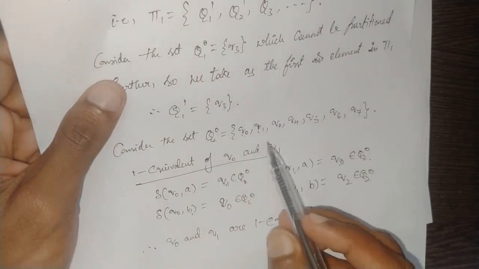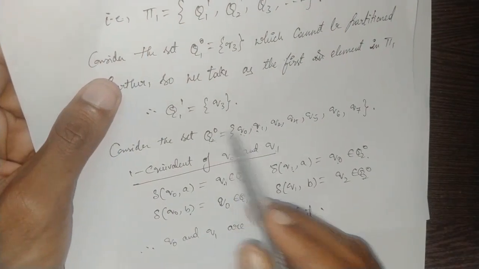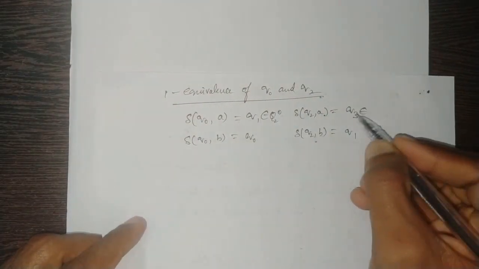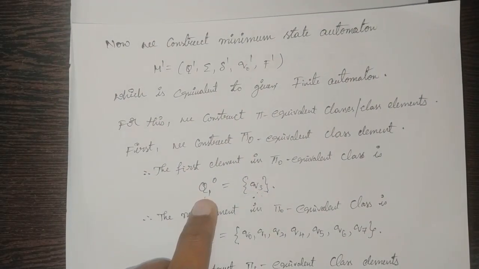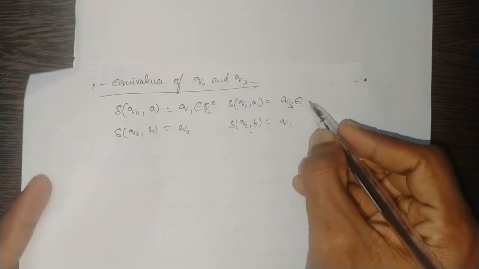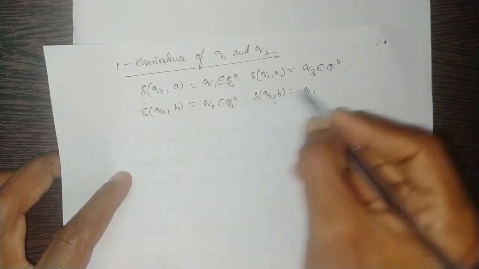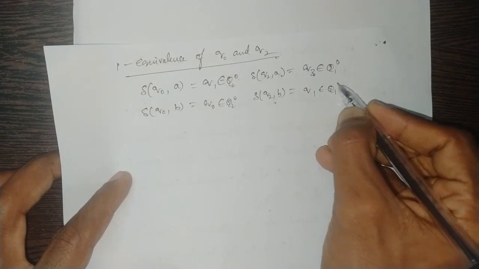Clearly here Q1 belongs to Q2 naught, but Q3 belongs to Q1 naught. Here, Q2 naught and Q1 naught differ.